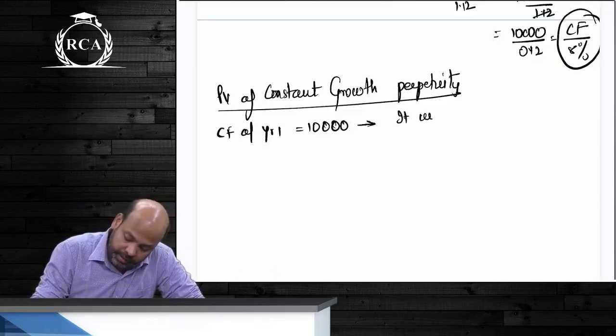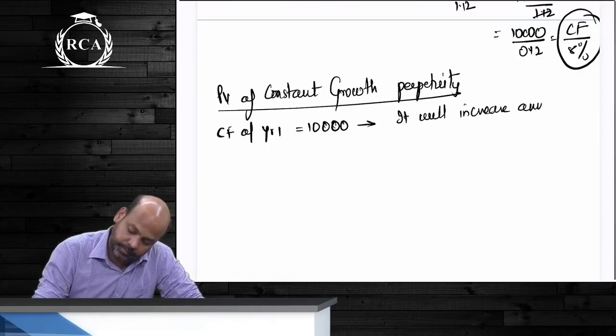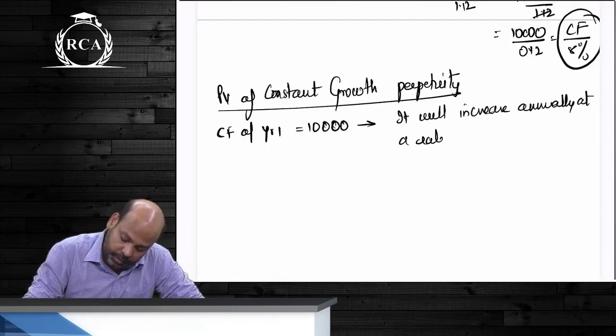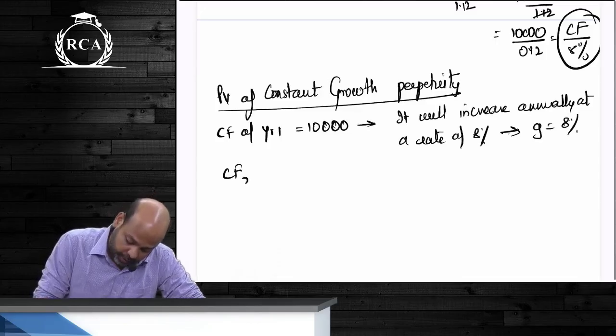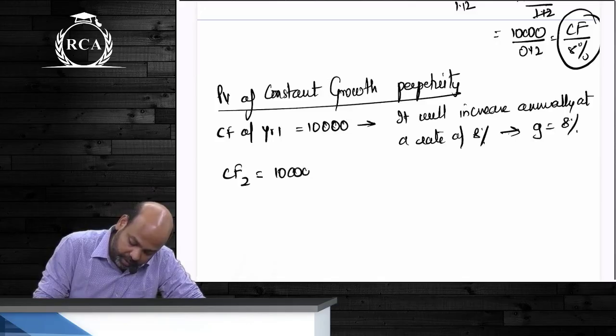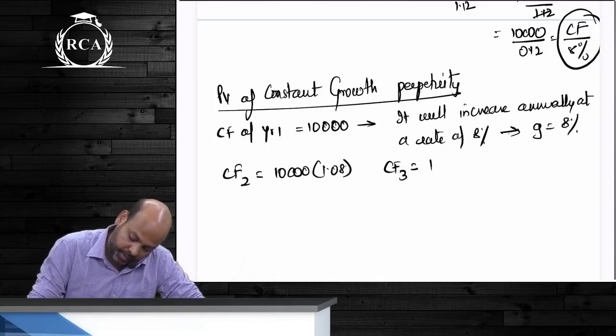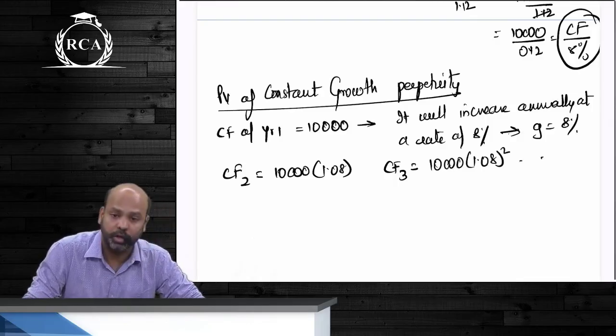It will increase annually at a rate of 8%. That is G is equal to 8%. So cash flow of year 2 can be written as 10,000 into 1.08. Cash flow of year 3 will be 10,000 into 1.08 whole square and so on.